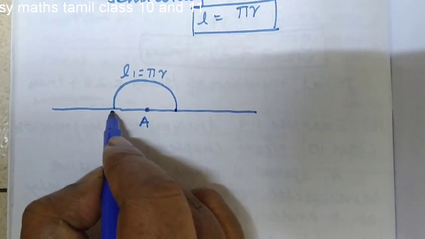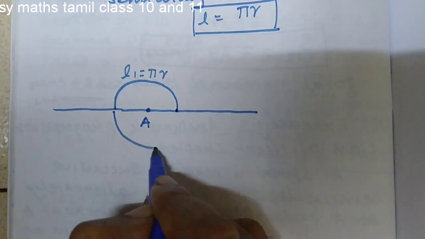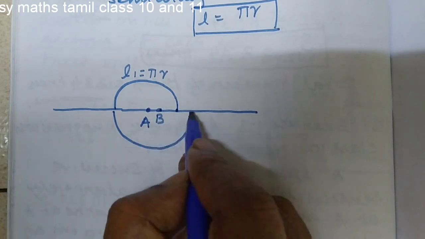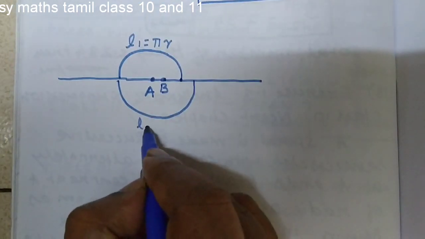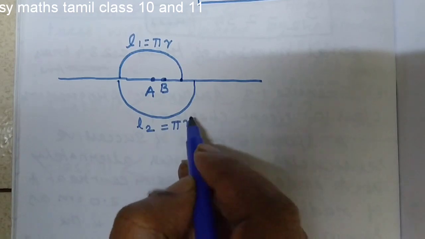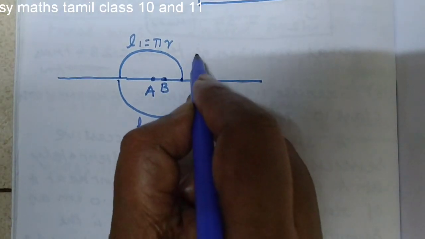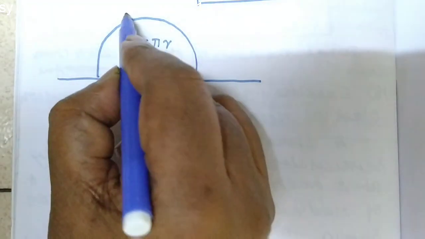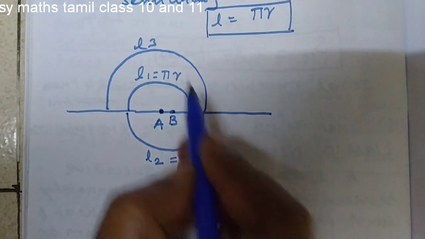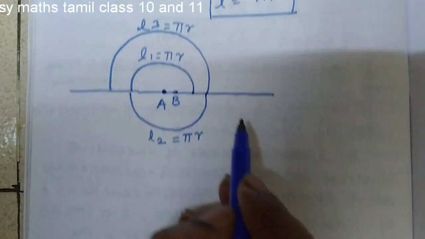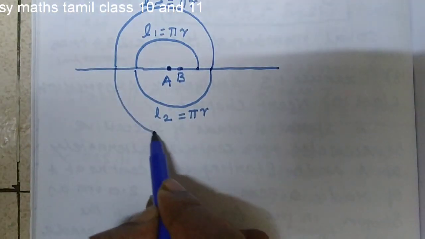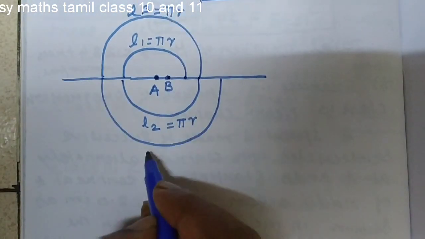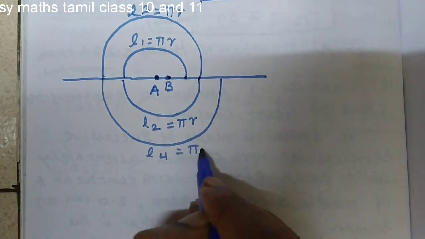This is another semicircle, so its center is B. Its length is L2, L2 is equal to pi into r. And this is another semicircle with center A. Its length is L3, pi into r. This is another semicircle with center B and its length L4 is equal to pi into r.